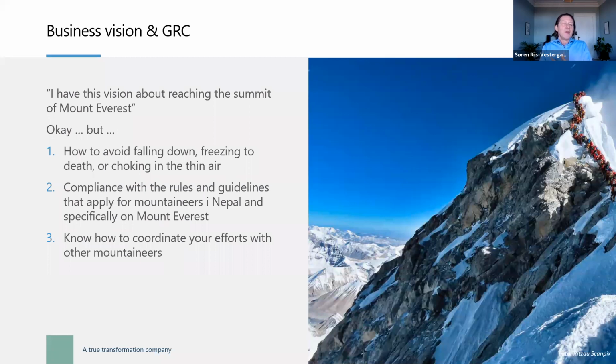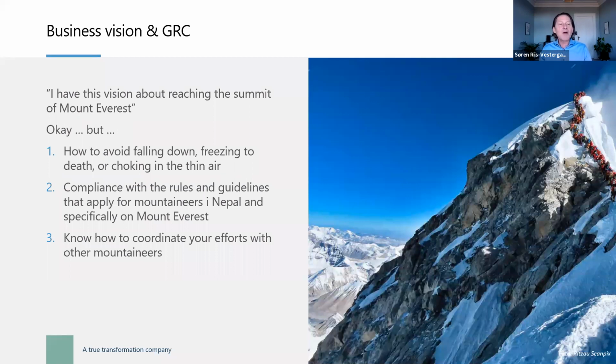For instance, he said there's a vision about reaching the summit of Mount Everest, and you can see this photo here that Michelle has included, that on a good day on Mount Everest, not good in other respects than the weather, there are actually hundreds of people on the way up and then afterwards on the way down, while others are still on their way up.